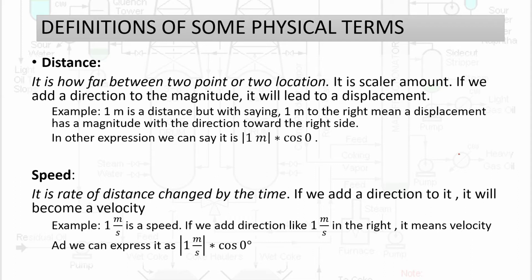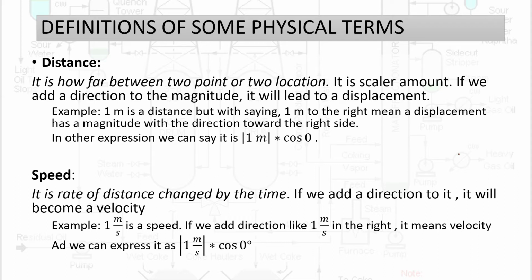As example, if we say 1 meter distance, without mentioning the direction, we just talk about distance. But if I mention 1 meter and I also give the direction, 1 meter to the right, that means a displacement has been done with a magnitude equal to 1 meter and the direction to the right side.